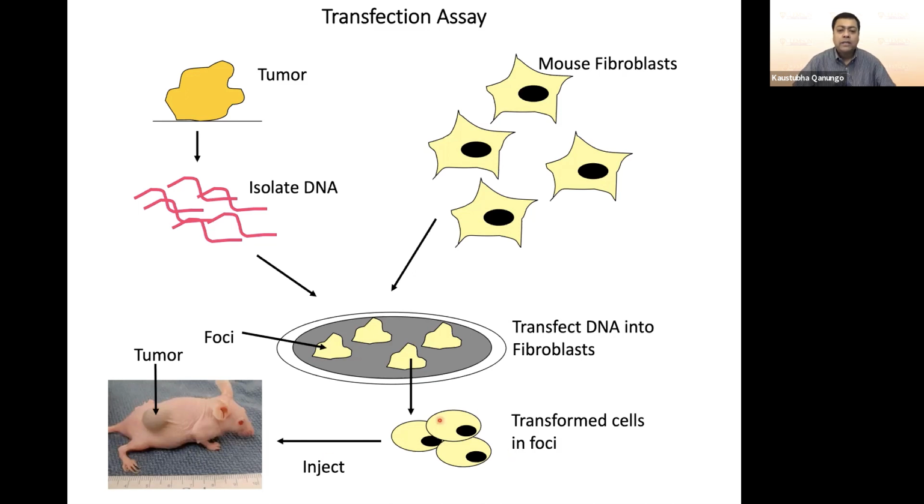If you inject these transformed cells into a normal mouse, which is not immunocompromised, the immune system of the mouse will immediately attack these transformed cells as foreign and kill them. Still, tumors are a possibility, but much less likely. That's basically what the experimental protocol is. So the take-home message: now we know that there is something in the DNA.